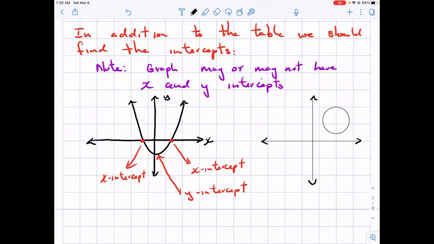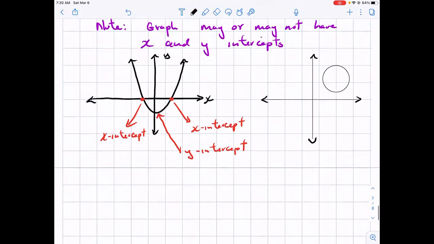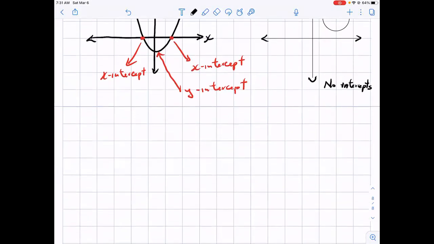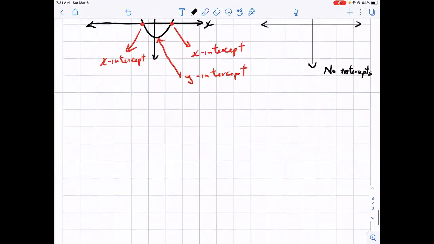Here we have no intercepts. Or we can have a graph with only one intercept.